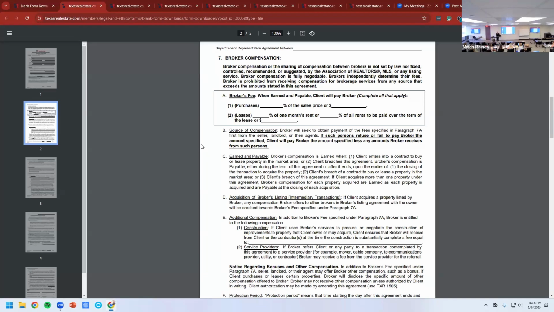Okay, and what if my client doesn't want to pay me and she only wants to see the houses for rental that the landlord pays the agent? What do I put here? You're going to put whatever you charge. Because I've seen a lot of leases are not offering any money at all. And there's some that are like $200.